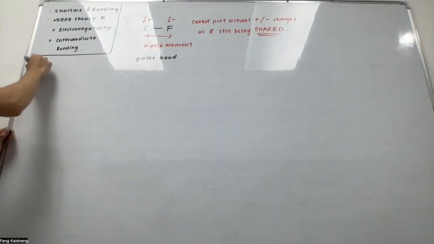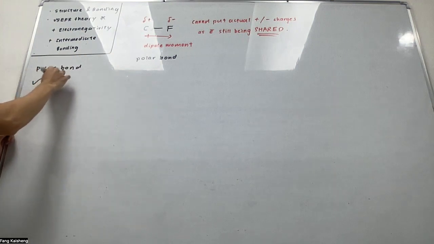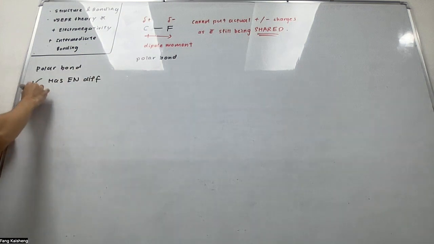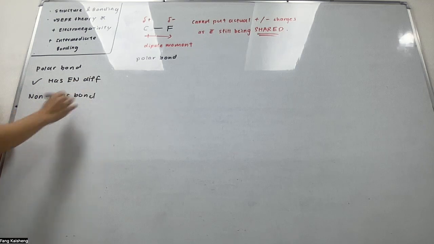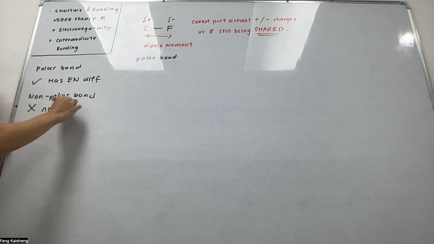So I ask you, a polar bond is a bond that has electronegativity difference. So can I ask you, what's a non-polar bond? A non-polar bond is a bond that has no electronegativity difference.